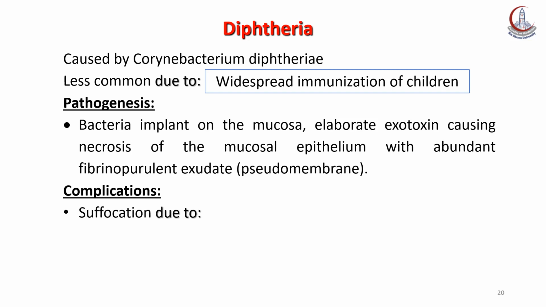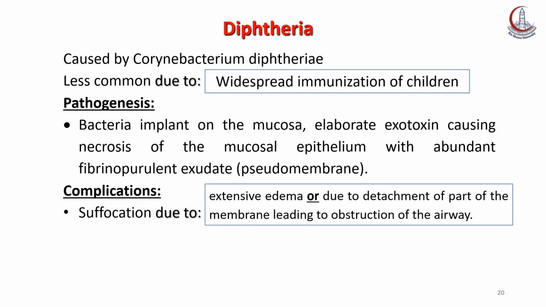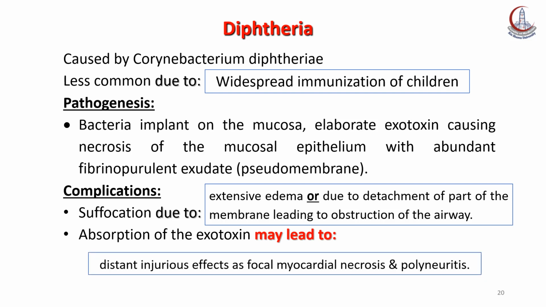Complication of diphtheria ممكن يحصل suffocation due to extensive edema or detachment of a part of the membrane leading to obstruction of the airway. ممكن يحصل absorption of the exotoxin leading to injurious effects as myocarditis, focal myocardial necrosis, and polymyalgia.